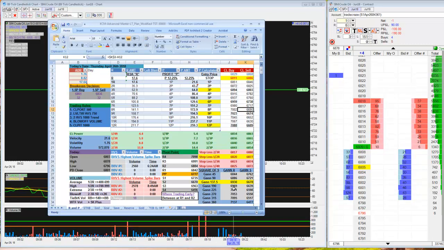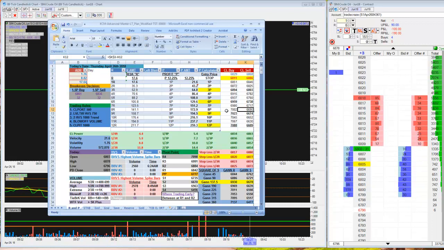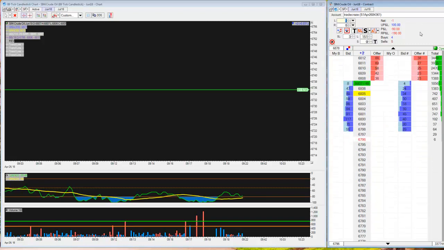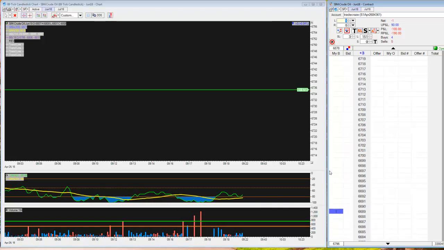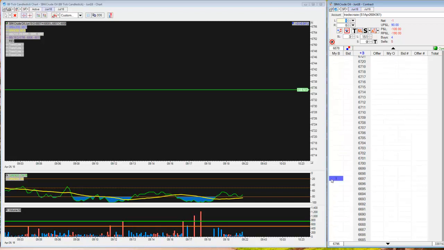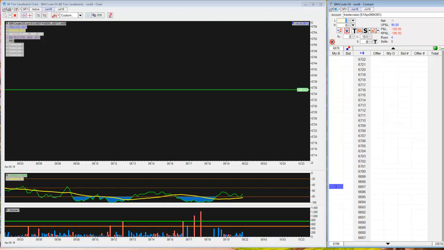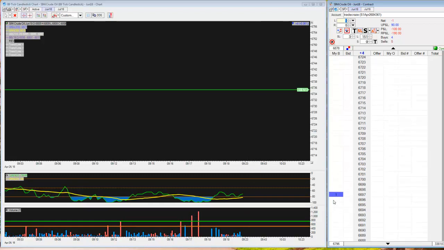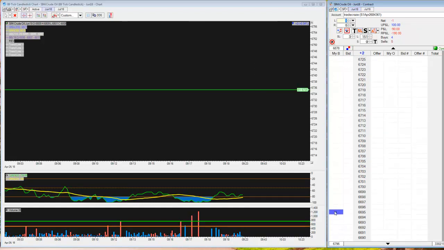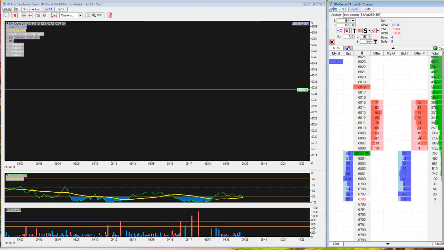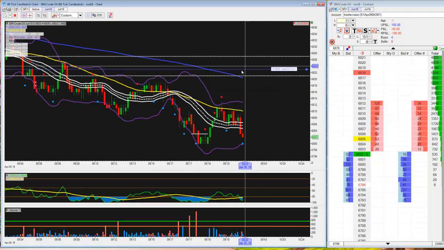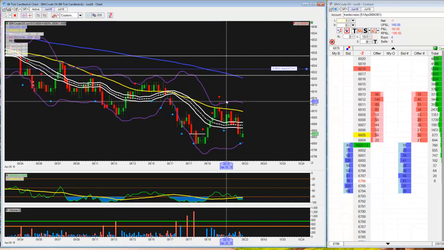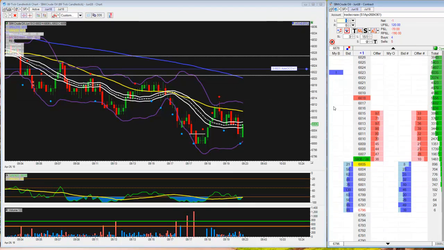I kind of like that 66.95 right now, so that's what I'm going to be adjusting for. Alright, that does at least give us the point to get to break even here.